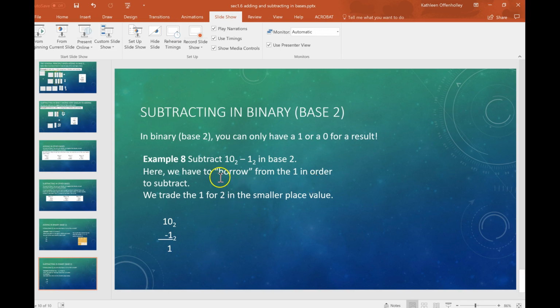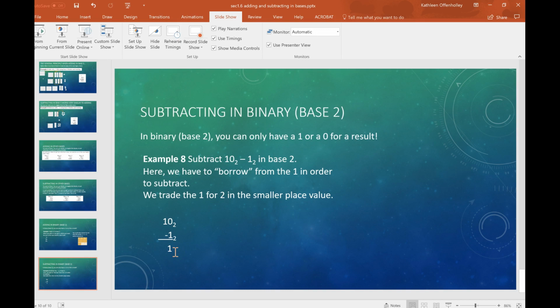So our answer to 1, 0 minus 1 has to be either 1 or 0 here. So let's think about how this works. I can't do 0 minus 1, so I cross this 1 out and use it to give me 2 in this place value. 2 minus 1 is 1.